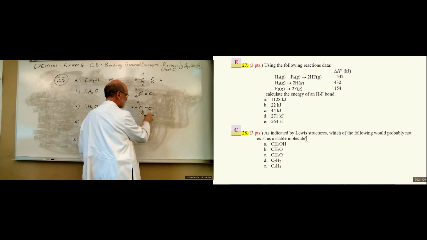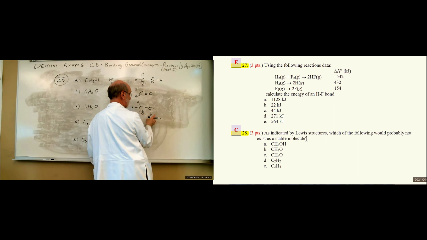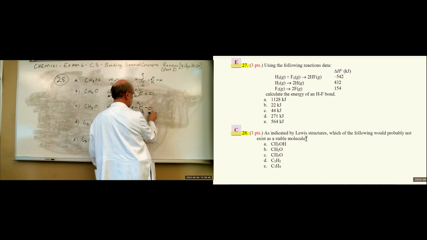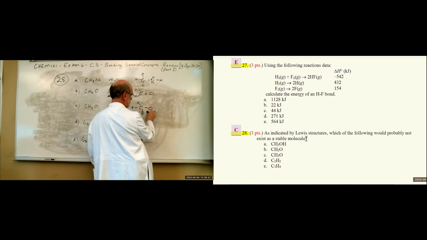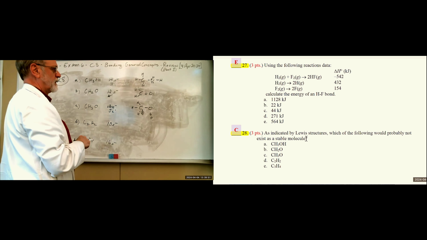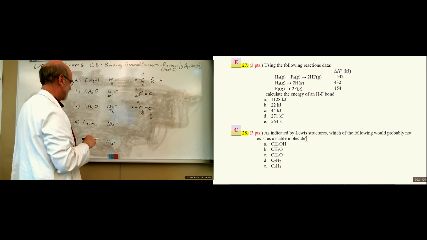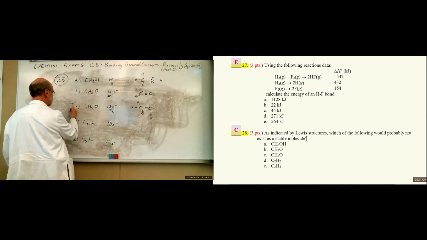The problem is that free radical, which is not entirely impossible. 2, 4, 6, 7. It would be deficient. Right? And that's why it says probably not exist. So this one is questionable.